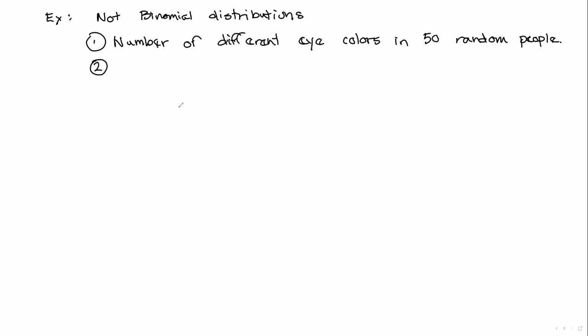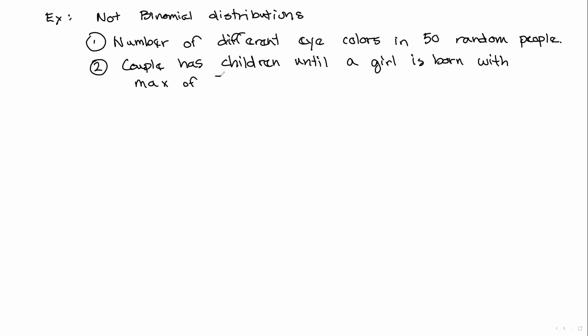So 2, a couple has children until a girl is born, with a max of 5. All right, this one: the probability a flight will arrive on time to O'Hare in Chicago is 85%.